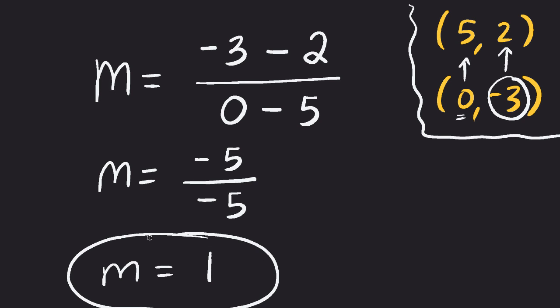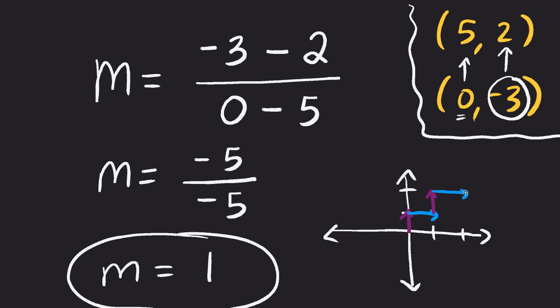Well, what that means is every time I go up 1, so if we just really quickly think about what this looks like, every time I go up 1 value, I'm going to move over 1. Every time I go up 1, I move over 1.